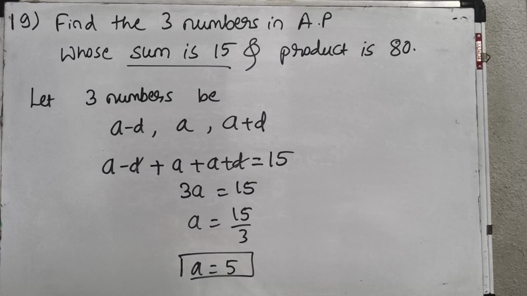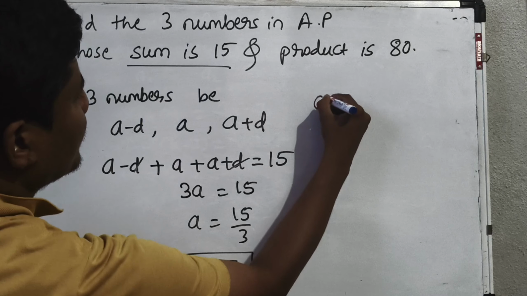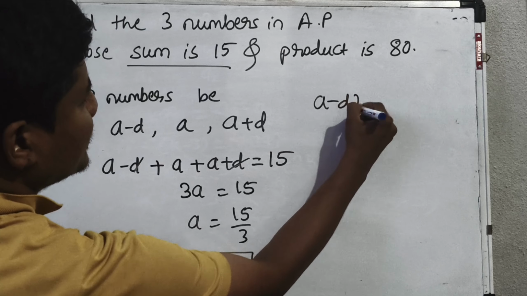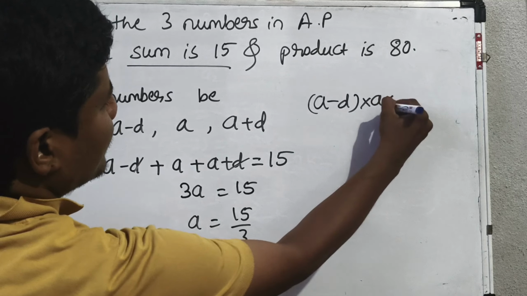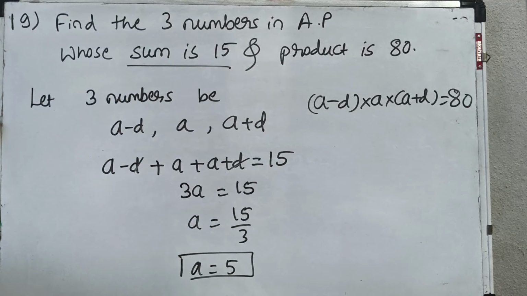And the product, he is telling, is 80. That is (a minus d) into a into (a plus d) is equal to 80.